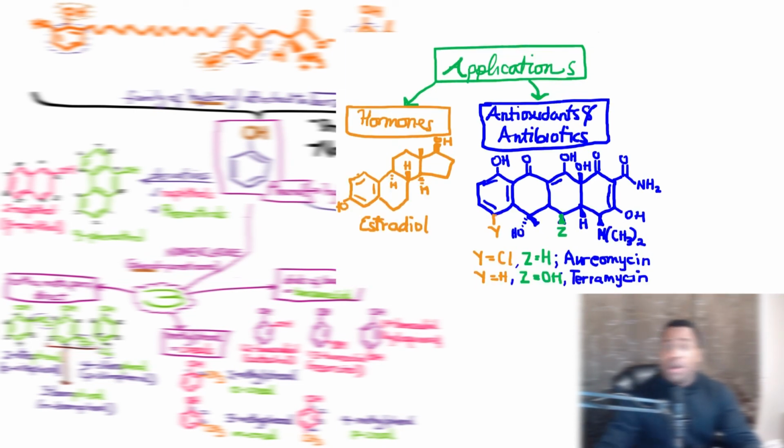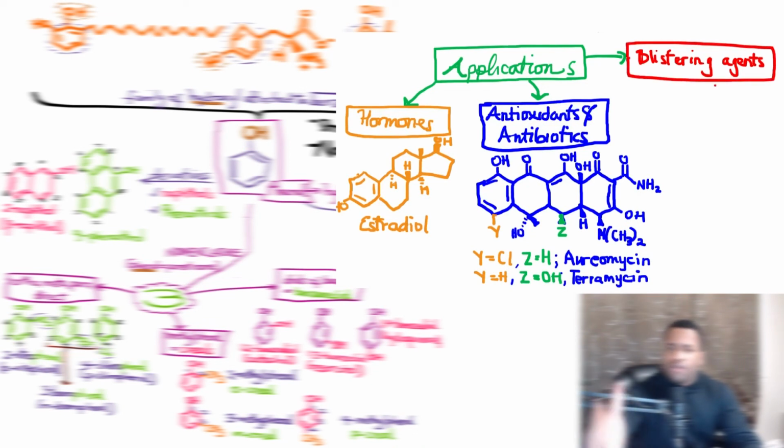And finally we have the blistering agents, and blistering agents can be found mainly in, what's the name of these guys again? Poison ivy. Yes, and in poison ivy we have this particular strand of agents which are called the urushiols, and the urushiols, they have this particular benzene ring attached to two hydroxyls, which is a form of a benzenediol in a way, and then we have an R group attached in here relating to which hydroxyl you actually pick.